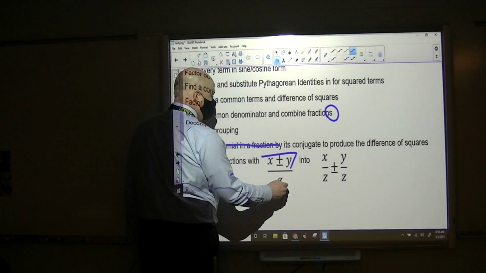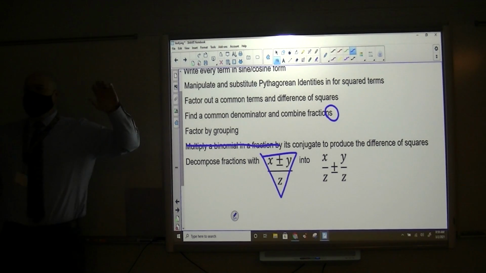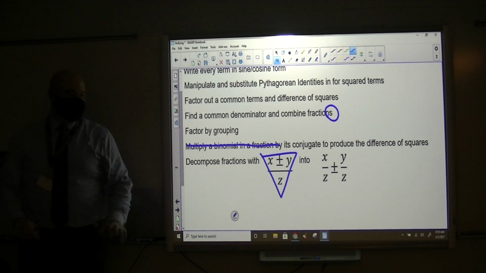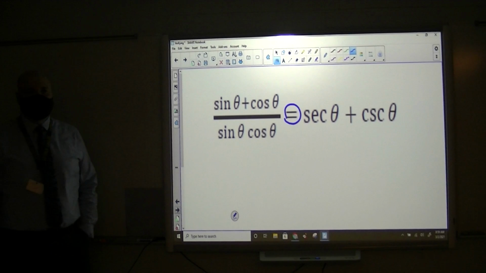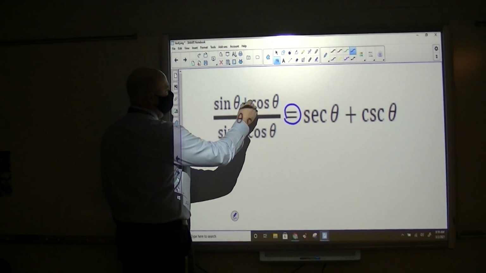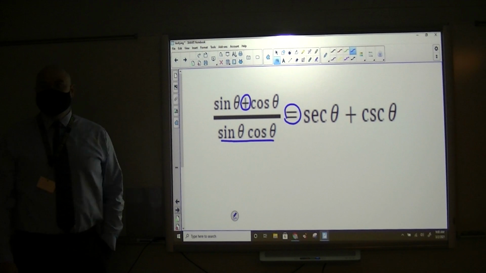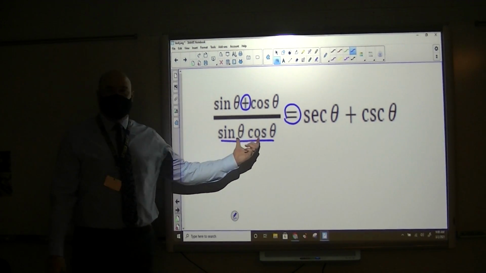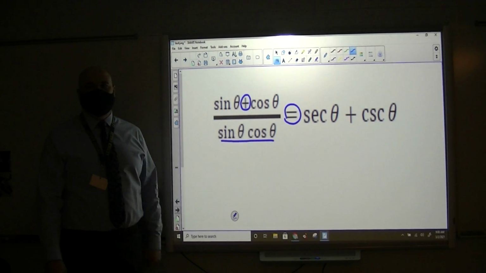Decomposing a fraction means having that inverted triangle where the numerator is a binomial but the denominator is not. Here's our problem. What do you see? The numerator is a binomial, but the denominator is not. So this is that inverted triangle look. It's not as obvious because the denominator has 2 parts, but we could decompose this fraction.